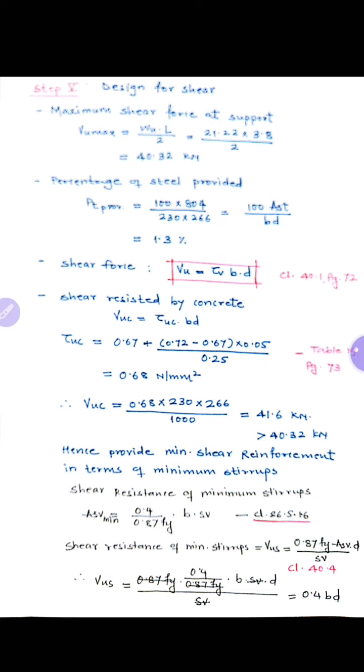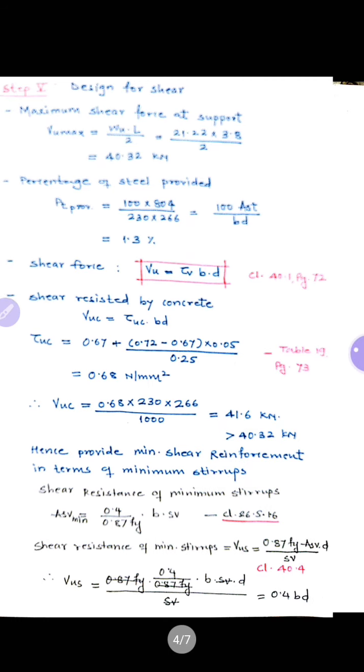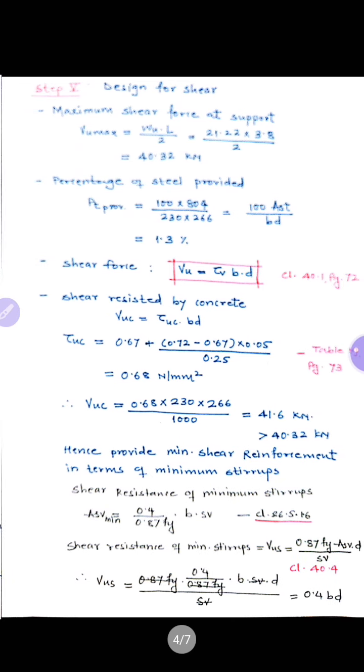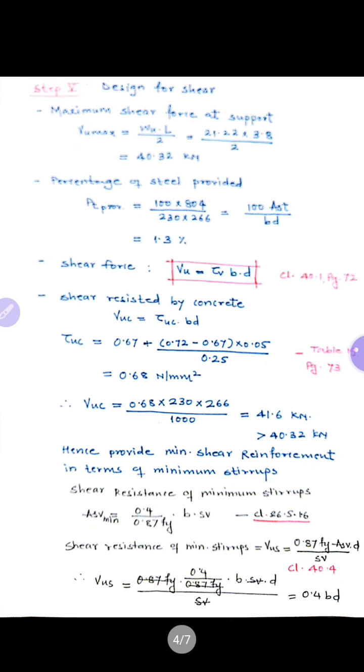Now I have just written the equation over here: shear resisted by concrete, VUC, is equal to tau UC into BD. Tau UC is the shear strength of concrete and this is given in Table number 19, page number 73, for which we first require the percentage of steel provided.